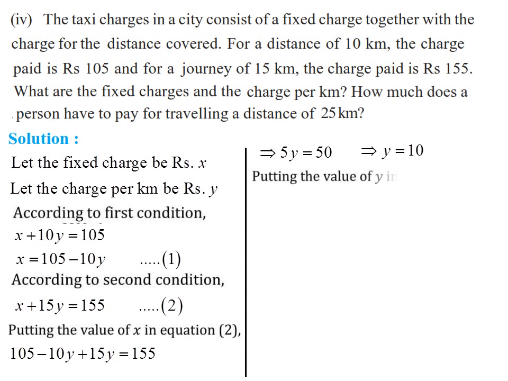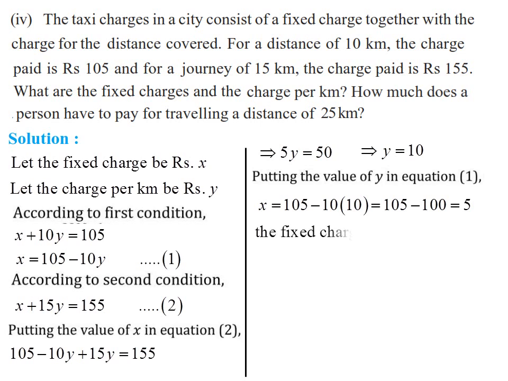Now putting the value of y in equation number 1, I will get 105 minus 100, which equals 5 rupees. So the fixed charge is rupees 5 and the charge per kilometer is rupees 10.